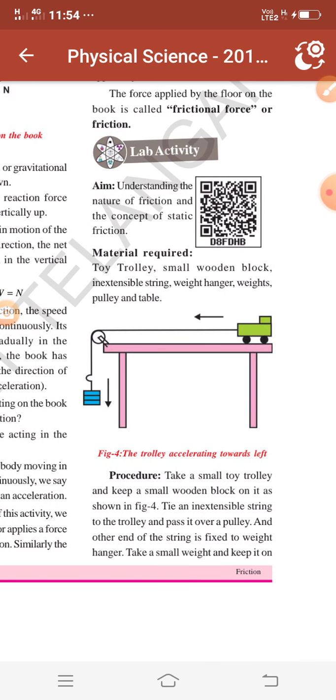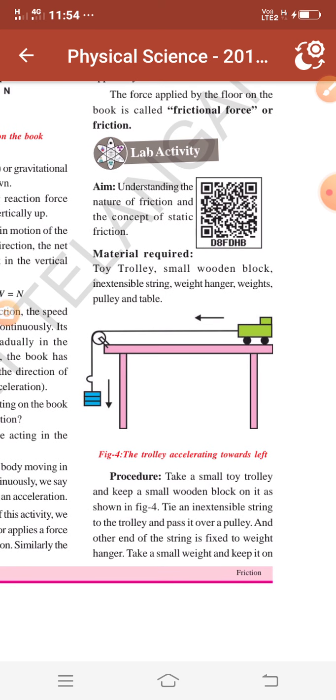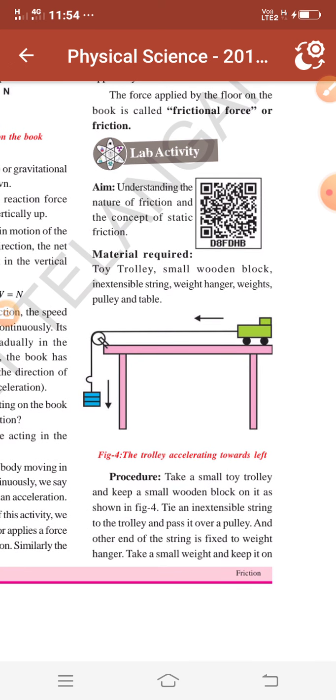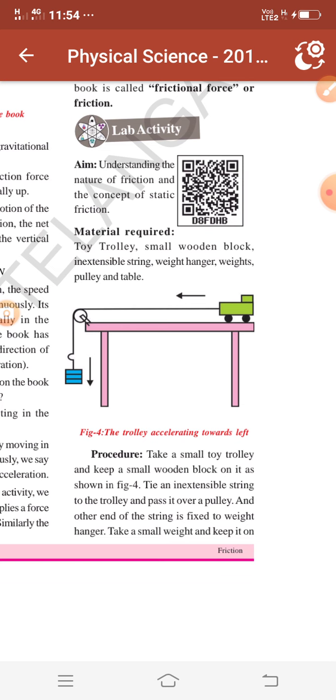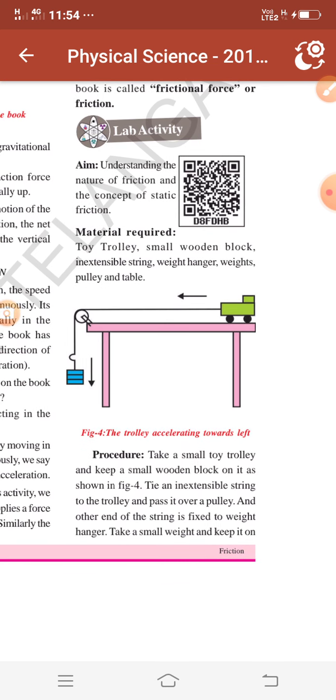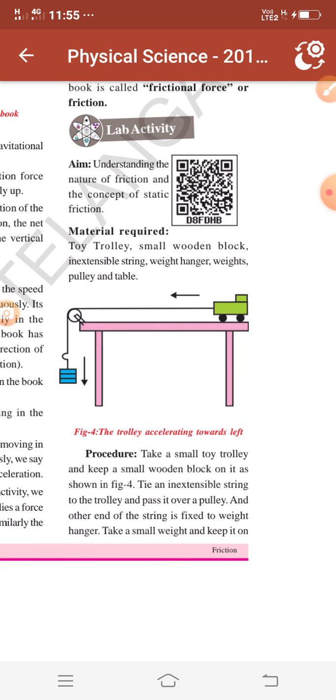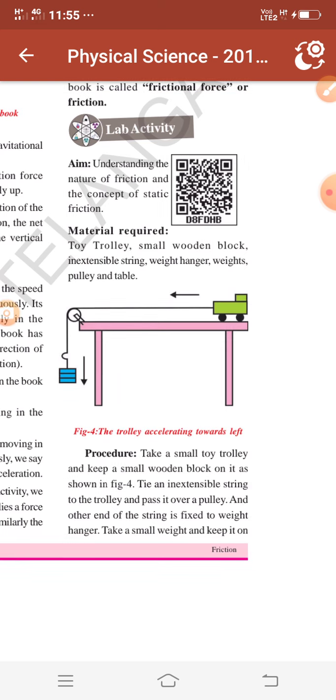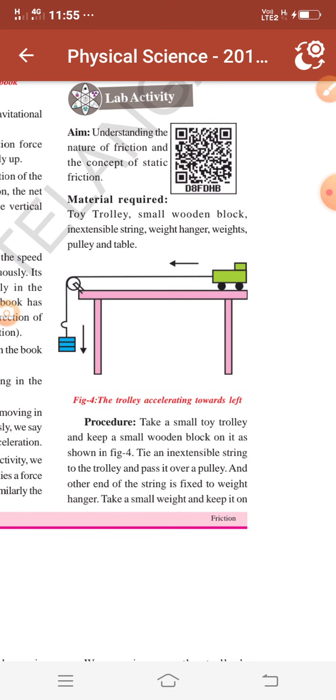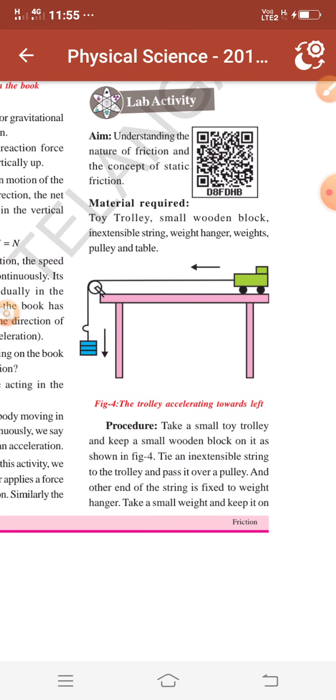Children, observe figure 4. What do we want to observe? See, a toy trolley, a wooden block, and a weight hanger present on a table. Now, the procedure. Take a small toy trolley and keep a small wooden block on it as shown in figure 4.